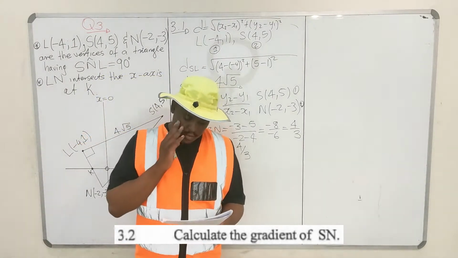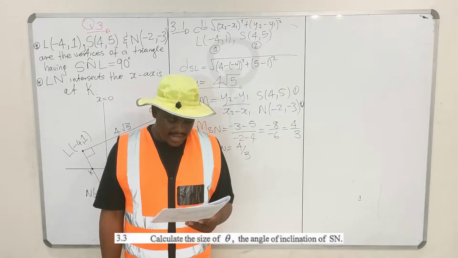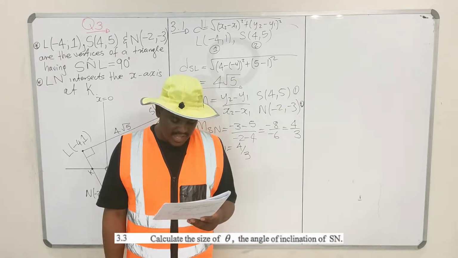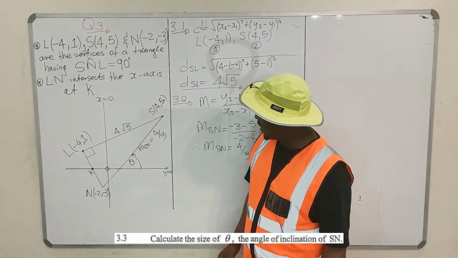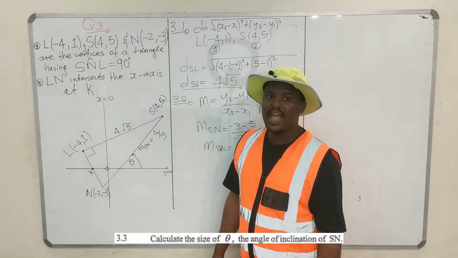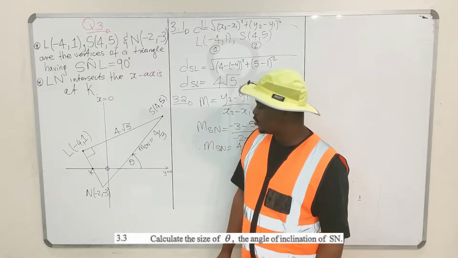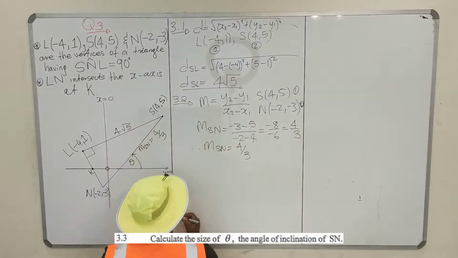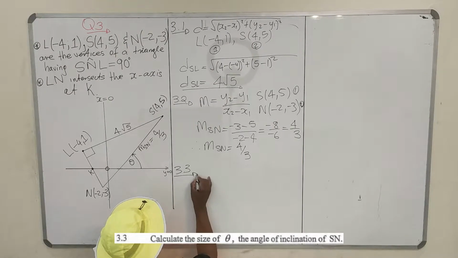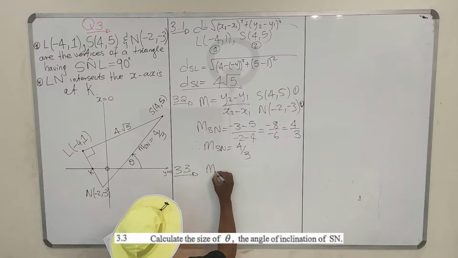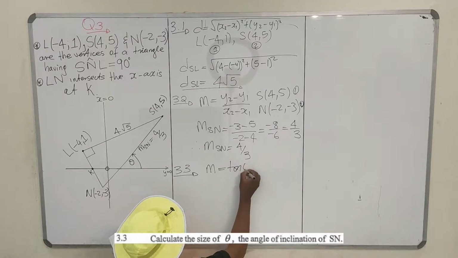No problem. Let's move on. They are saying calculate the size of theta, the angle of inclination of SN. They want you to find the angle theta, which is the angle of inclination of SN. So this is 3.3, right? You know that m is equal to tan theta.